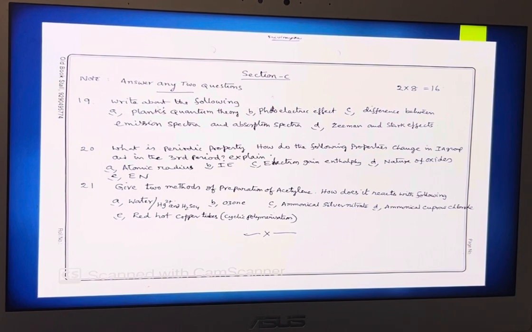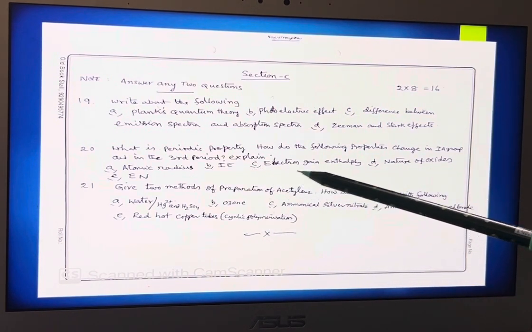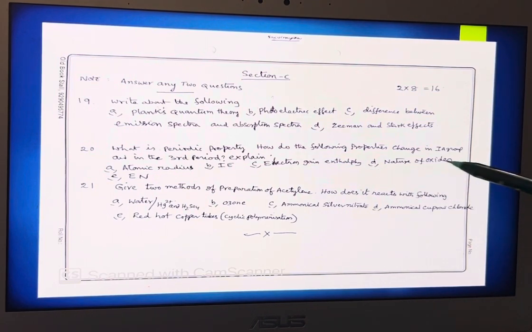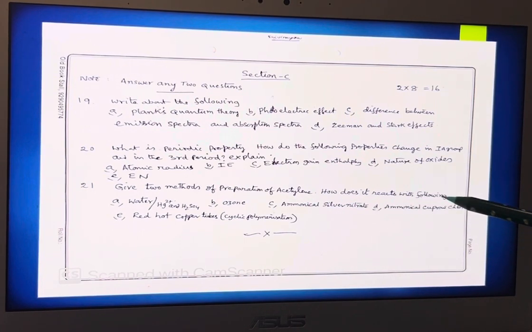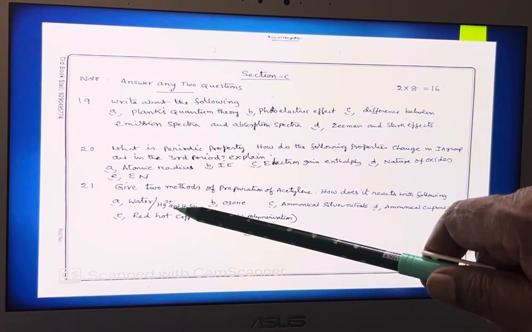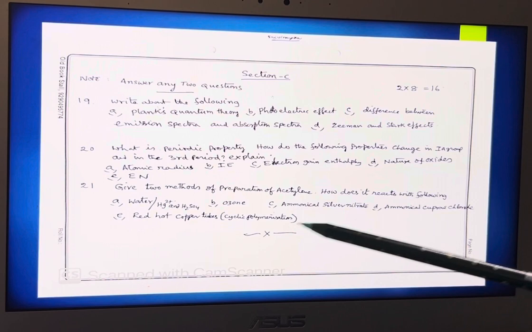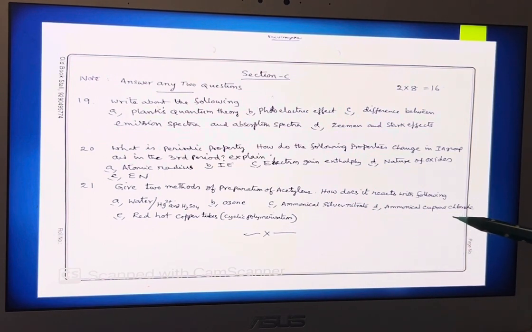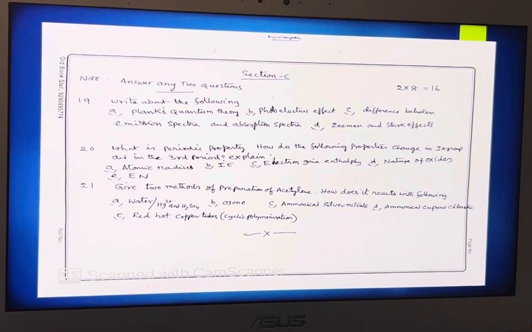You have to write atomic radius, IE, electron gain enthalpy, nature of oxides, and electronegativity and how they vary. Give two methods of preparation of acetylene. How does it react with the following: A, water in the presence of Hg2+ and H2SO4, B, ozone, C, ammoniacal silver nitrate, D, ammoniacal cuprous chloride, E, red hot copper tubes? Cyclic polymerization, that you have to write.